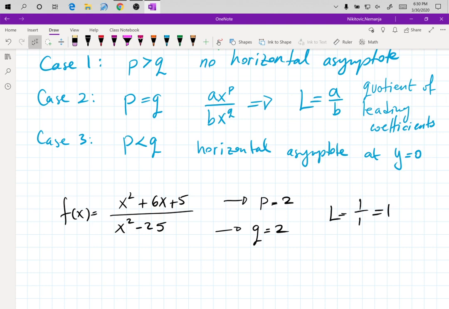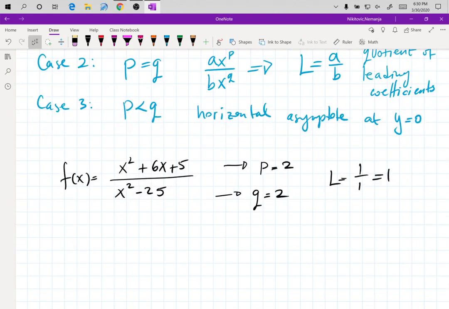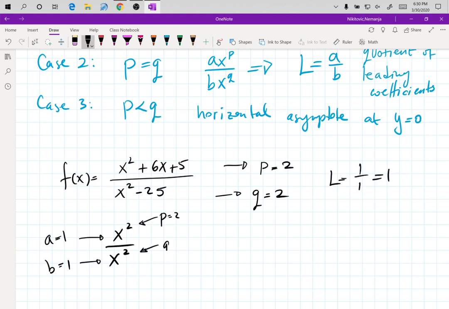Let me write it here. x squared divided by x squared. So your A is 1, your B is 1, your P is 2, your Q is 2.